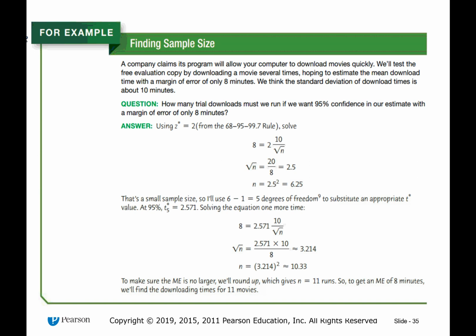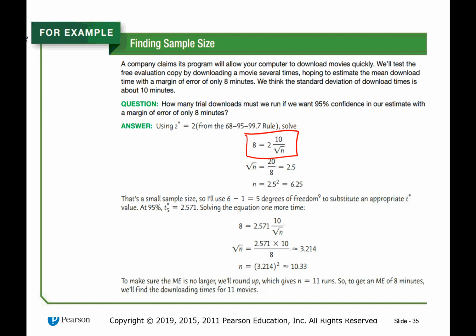So we have to start someplace. If we go back to our 68, 95, 99.7 rule and say we're going to use a Z star of 2, we're going to start off with a very simple equation here. Again, we're saying the population standard deviation is 10.